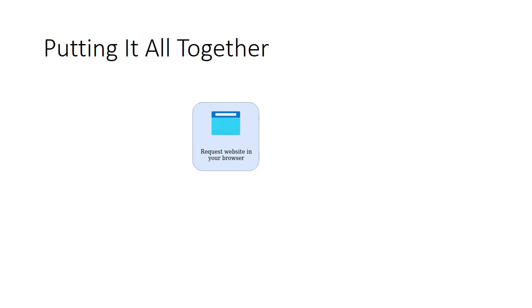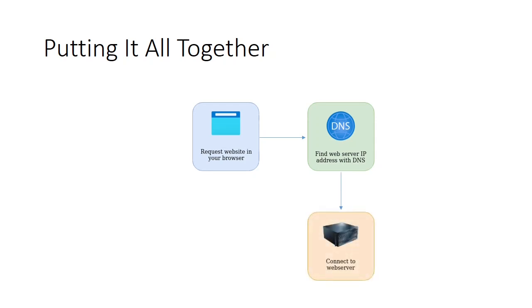To summarize, when you request a website in your browser, you first need to go from the URL that you have to an IP address. So your browser would ask to find the web server IP address with DNS, and then when you get that IP address, you would connect to the web server.